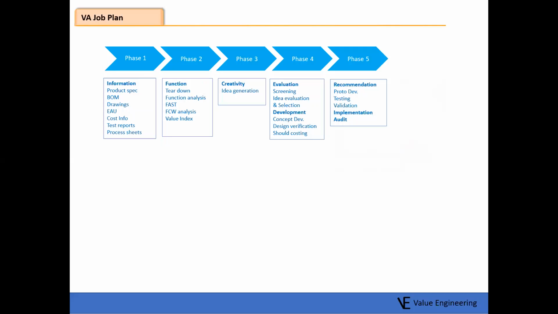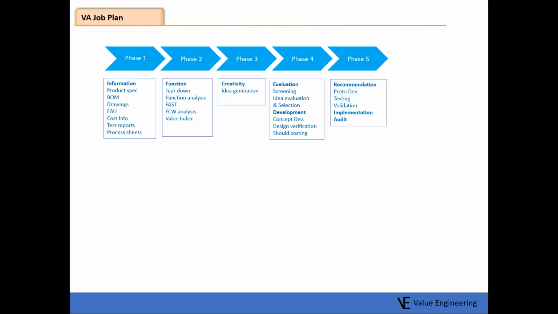In this job plan, we followed all the 5 phases. The first phase, as I told earlier, is information: what are the product specifications, what is the yearly volume, what is the current cost. Then the second phase, we did the idea generation, and in the fourth phase we evaluated the ideas and did the design in the CAD model, and we did the FEA analysis to see the strength of the component.